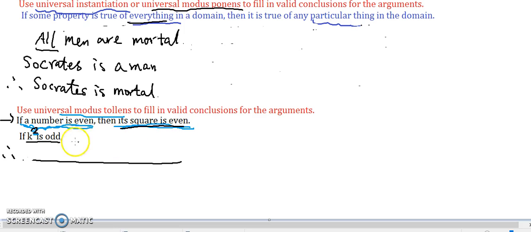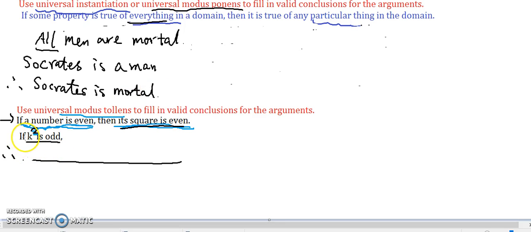And we know if the negation of the conclusion is true, then the negation of the hypothesis is true, which is the contrapositive. And we know the contrapositive and the original statement are logically equivalent.